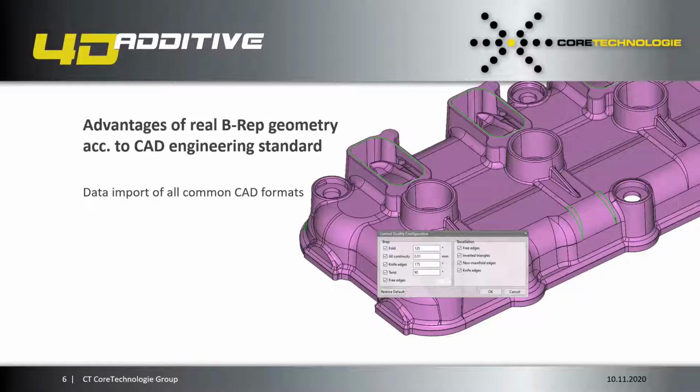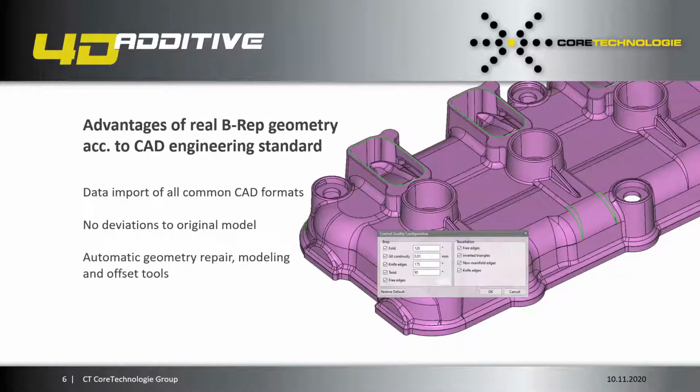Based on these BREP geometries, you will not have any deviations from the original model, and the geometry repair will be done fully automatically, as well as with manual tools which can be used if the failures are too critical. The modeling and offsetting tools are also available for you, and these bodies will finally be closed solid bodies. These are the models needed for printing, and you can be sure that the quality is the highest.